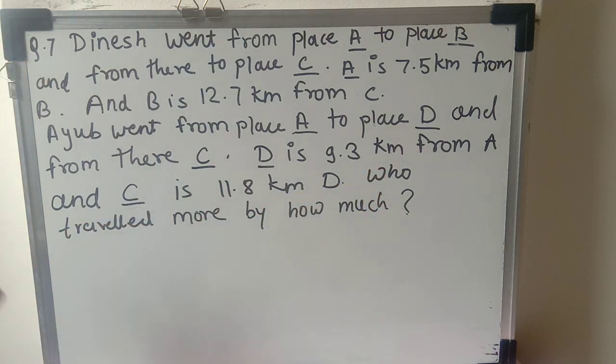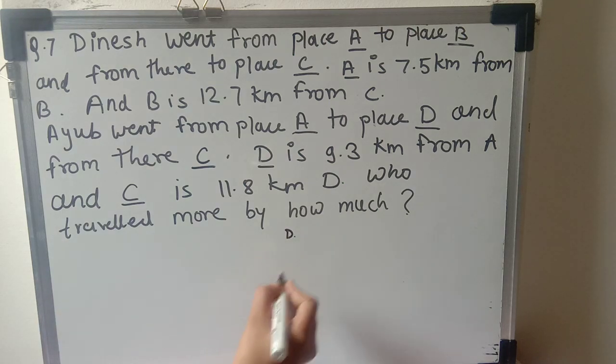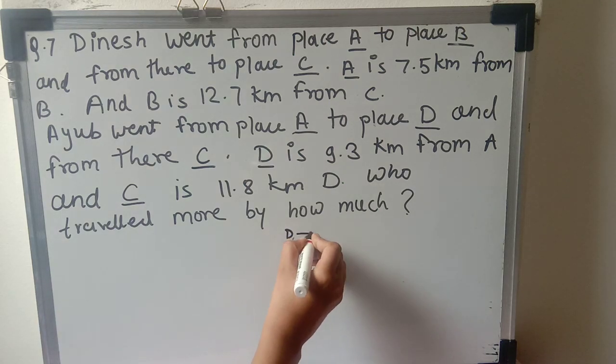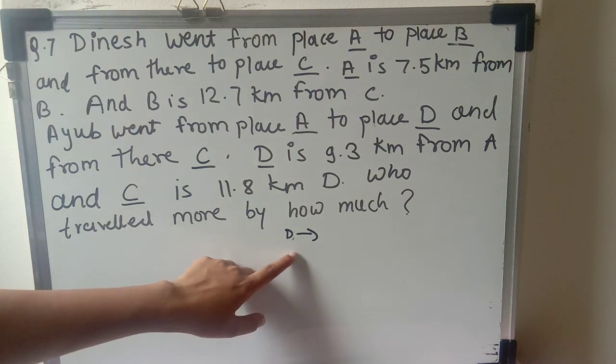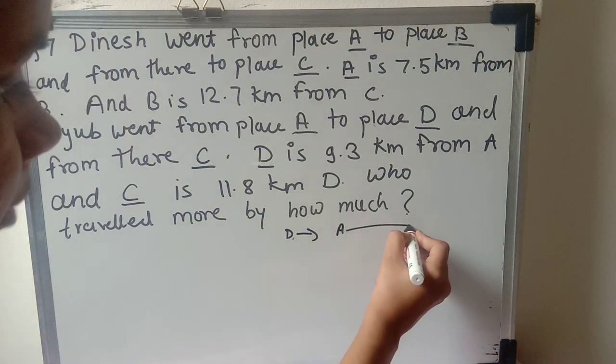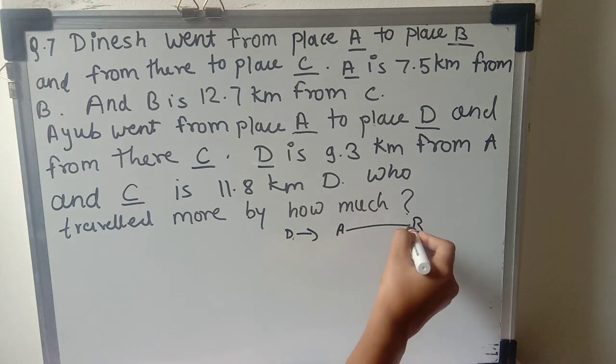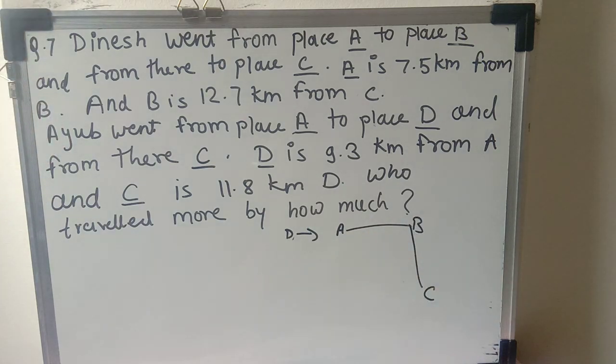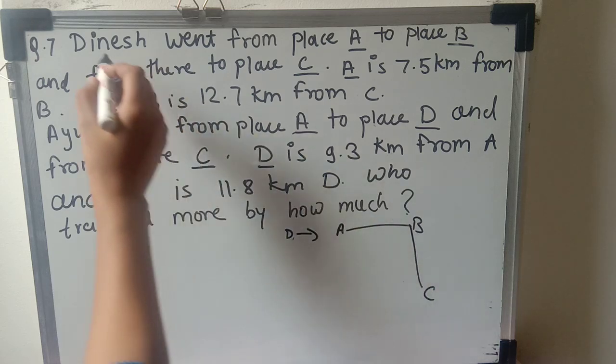So Dinesh and Ayub are there. Okay, so they have traveled from the same point, that is A. So we have to see first, if we take Dinesh, Dinesh traveled from the point A. Okay, वो यहाँ से गया point B तक. Okay, and B to then C. Okay, this is the distance which Dinesh covered.